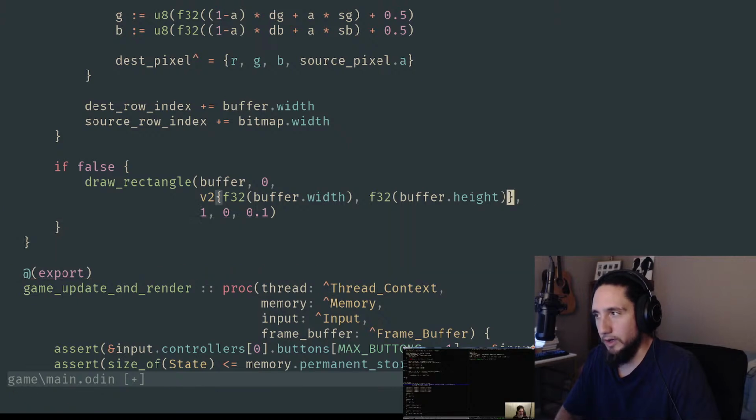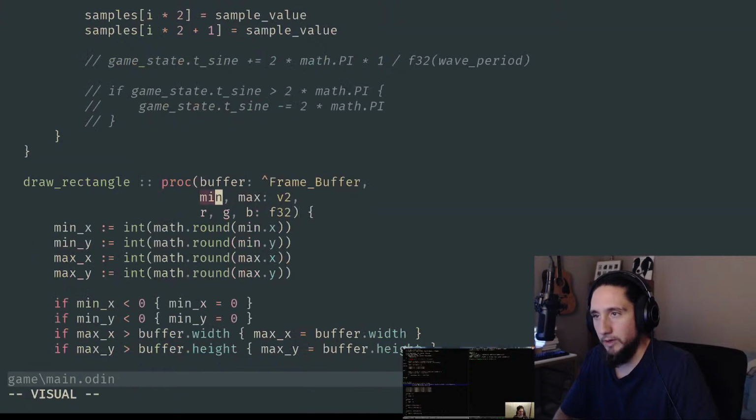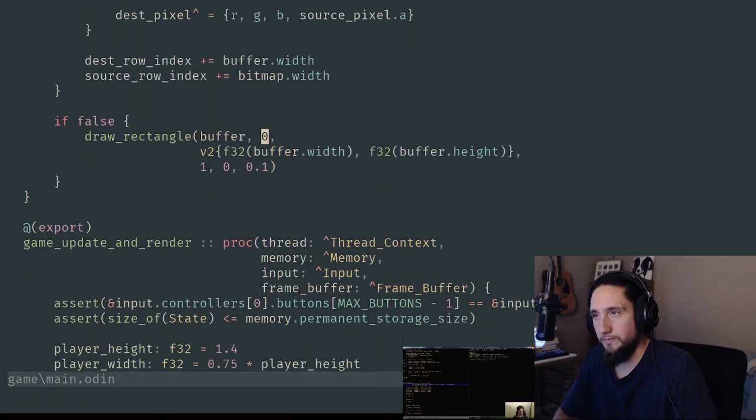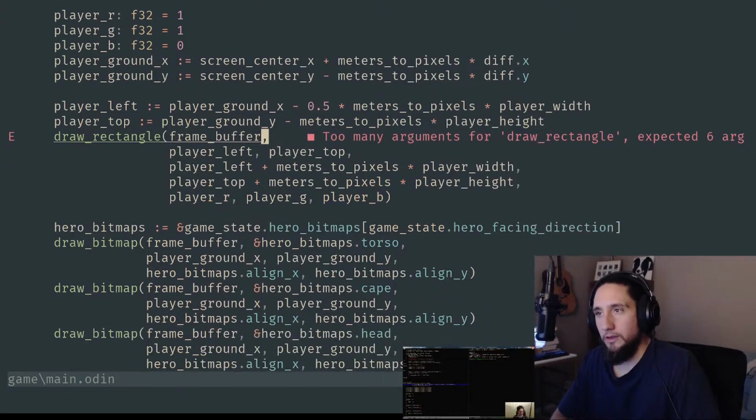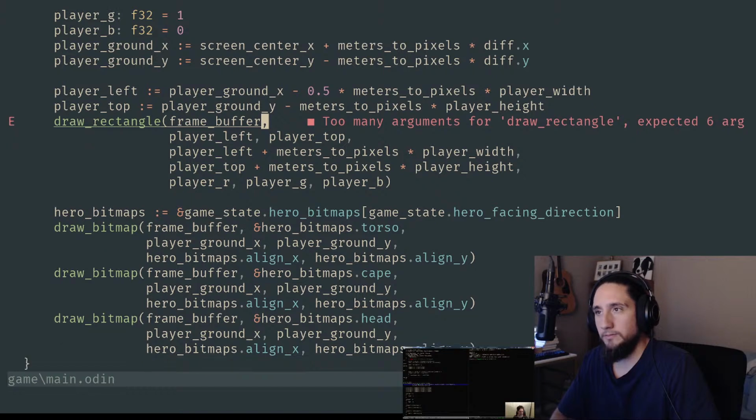Only one way to find out, I guess. It does. All right, so min, when I call this here, is just being splatted to 0. Neat. And then over here, player left and player top make up the min.